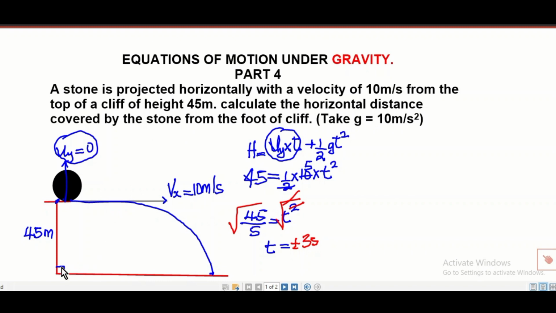The next thing I'm going to do is find what distance is covered. So the distance is from here all the way to this point, Q, which I'm going to call the foot. The formula I'm going to use is S, that horizontal distance, equals Vx multiplied by the time which I just found.